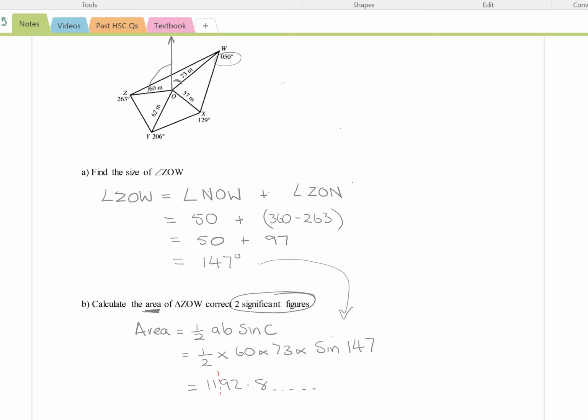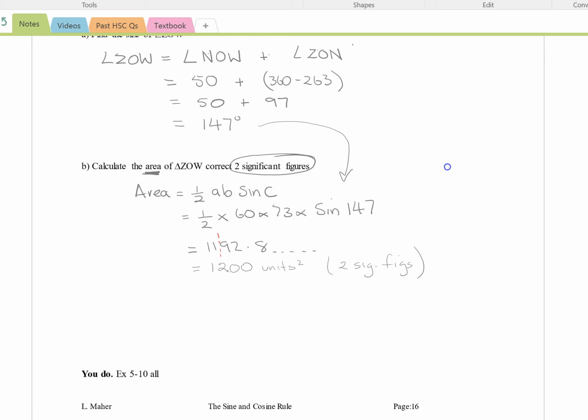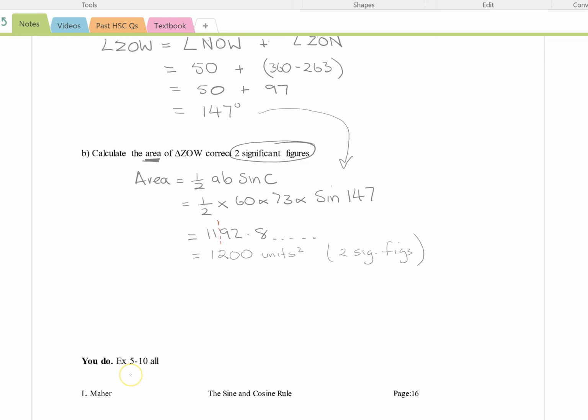That also means that we won't have anything after the decimal point. We will fill in these two places, the 9 and the 2, with 2 zeros, which means that the second one goes to a 2. And these are units squared, to 2 sig figs. Okay, I think you'll be right now to do 510.